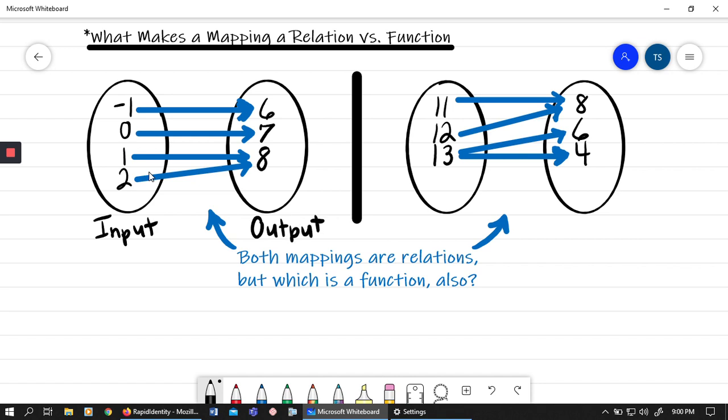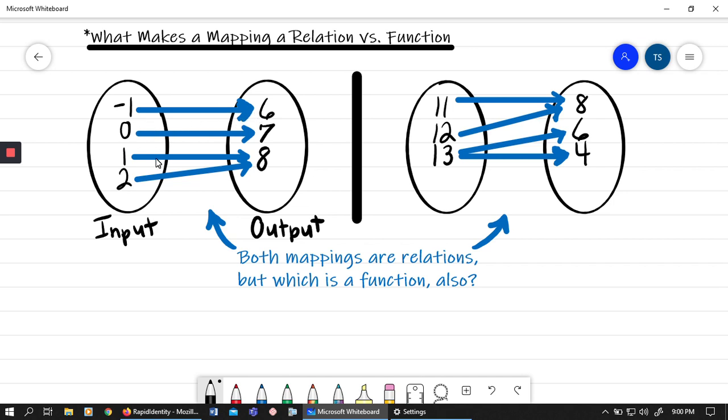If you look at each element of the input here, this -1 has exactly one output that it's assigned to. Perfect. The 0, exactly one output. The 1, exactly one element that it is assigned to in the output. And the 2, exactly one element in the output. So for this relation on the left side, each element of the input set is assigned to exactly one element in the output set.